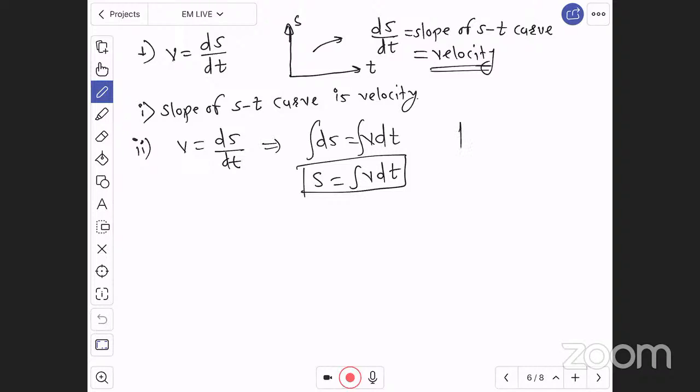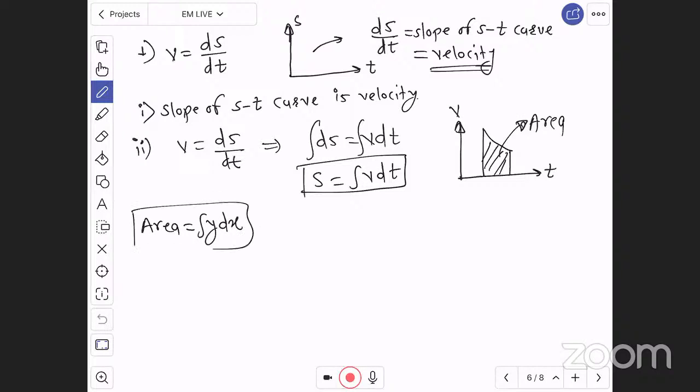Now, if I draw velocity on y-axis and time on x-axis, and see the area under the curve, let us say this is the area under any curve. For any curve, there is an area under the curve, right? Now, area under curve for xy axis is integration y dx. This is mathematics.